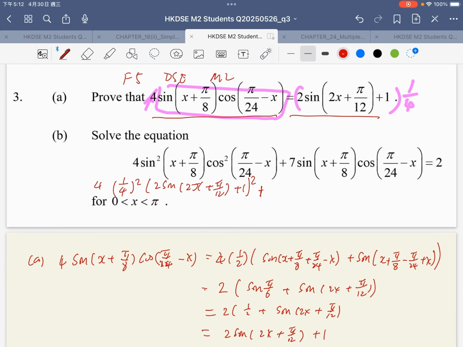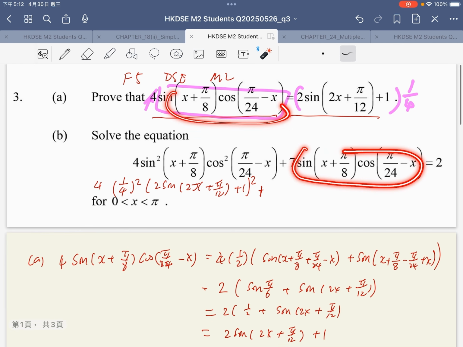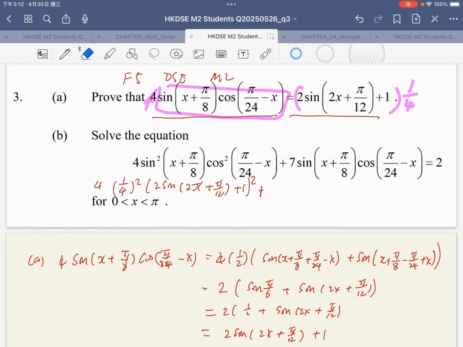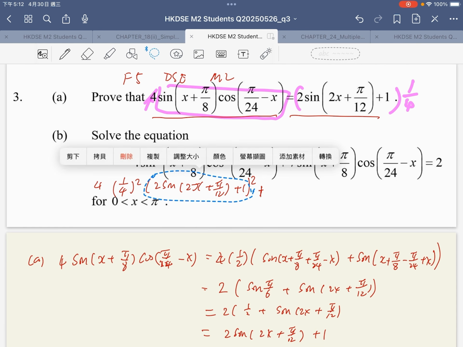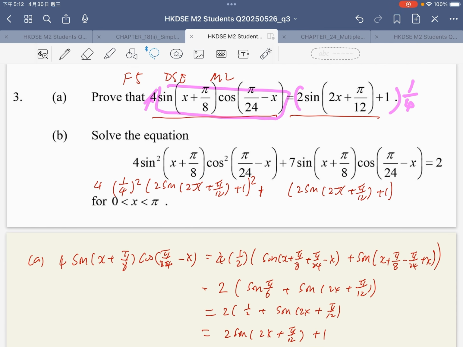And the second part, okay, I erase something so that I can release some space for me to write other things. And this one is exactly this one. Therefore, this is the square. Then 7 times 1 over 4 times this one equals 2.